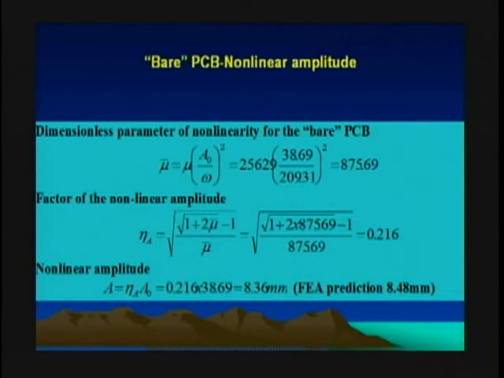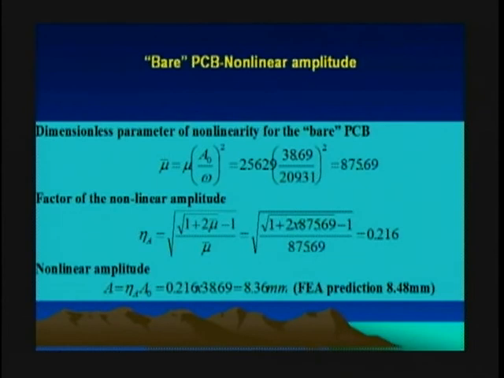Let's go further, and we calculated the printed circuit board nonlinear amplitude for a bare board, but not heavy. It's just light without spread out masses. So the dimensionless parameter of nonlinearity for the bare PCB was this one, of course much lower than for a heavy board. The factor of nonlinear amplitude was 0.2.